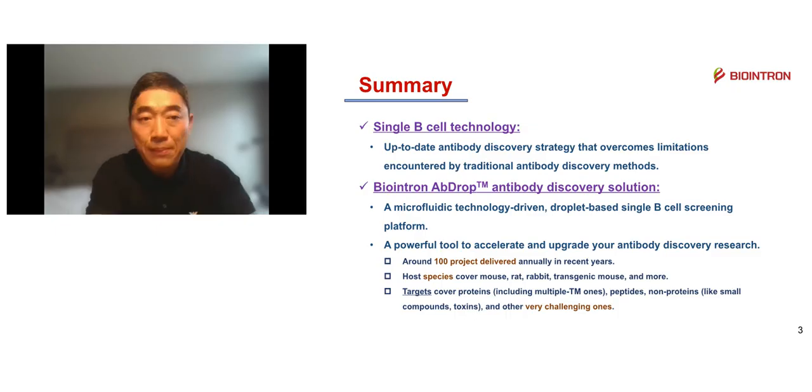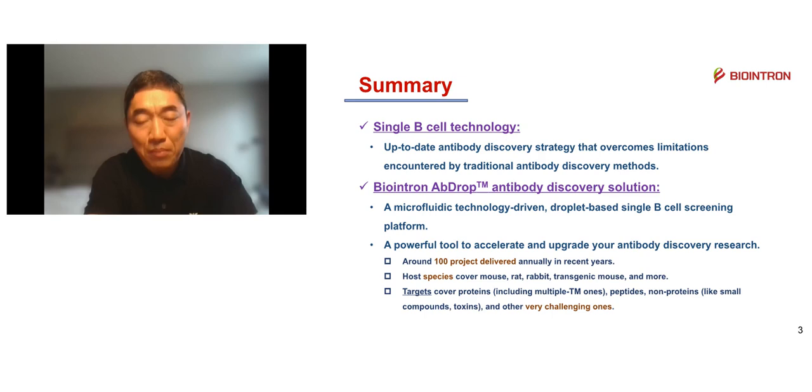As we have seen, single B cell technology, compared to traditional ones, is an up-to-date antibody discovery strategy that can overcome limitations encountered by traditional antibody discovery methods, like being time-consuming, labor-intensive, having very poor CDR diversity, and not being able to meet advanced functional requirements.